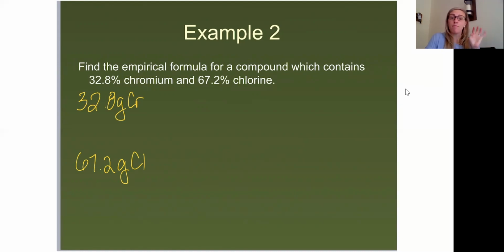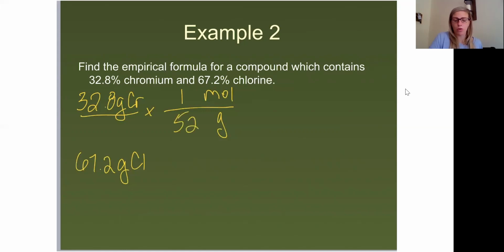Next, I need to go from mass to mole. So I'm going to set this up. From grams of Cr, we are going to go to moles of Cr, coming from grams. Moles is always going to get that 1. Grams is going to get that 52 as that round whole number off of the periodic table. For Cl, we have 1 mole on the top, grams on the bottom.